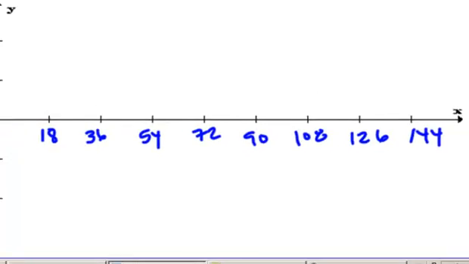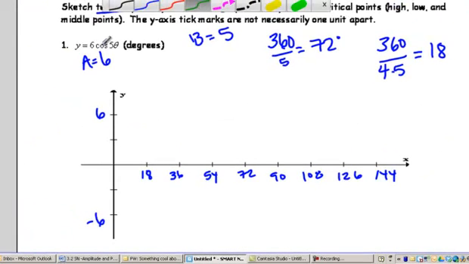I'm going to use a different color as well. So we have cosine, which we know starts up at the axis, then goes to the middle point, low point, high point.